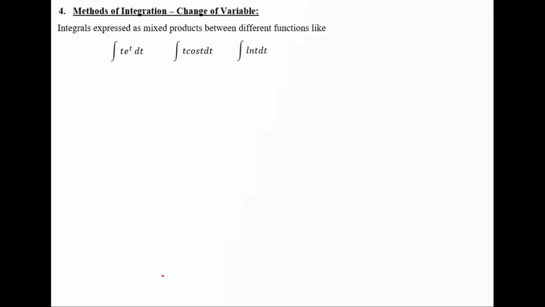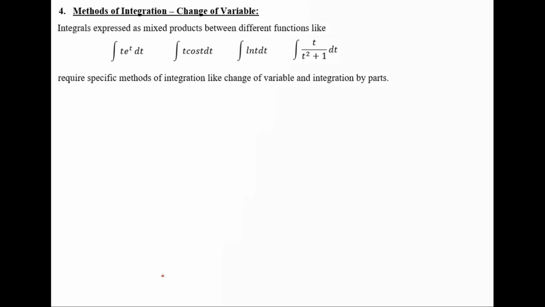Now, section 4, methods of integration, change of variable. Integrals expressed as mixed product between different functions like t e to the power of t, t cosine t, ln t, t over t squared plus 1 require specific methods of integration like change of variable and integration by parts.